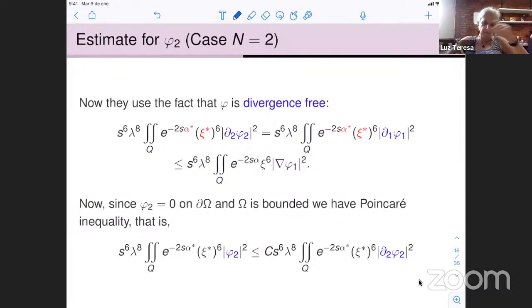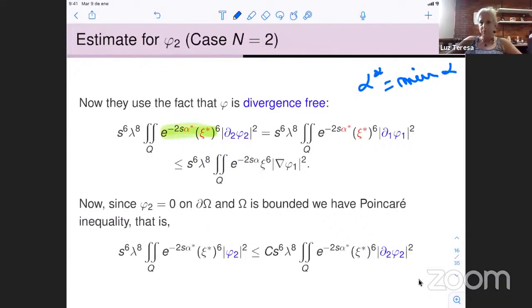So you modify your weights in such a way that they don't depend on the space. So this alpha star is like a minimum of the previous weight. Okay, so you bound by below.